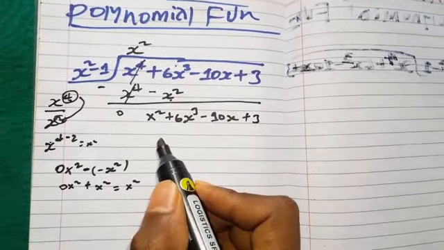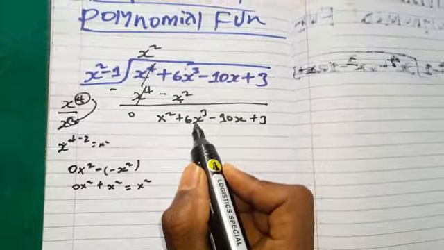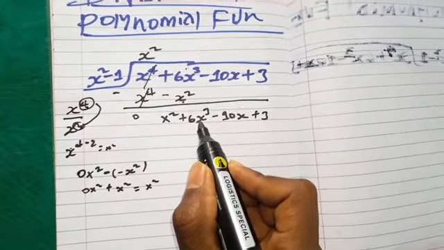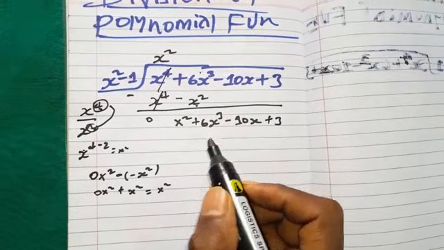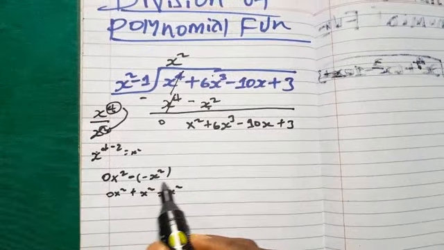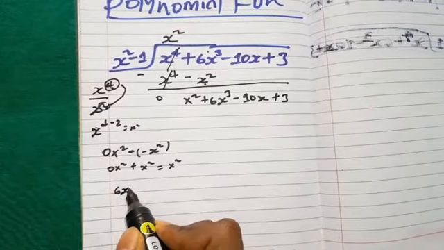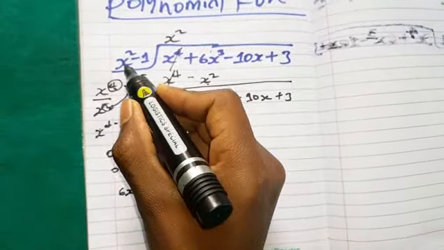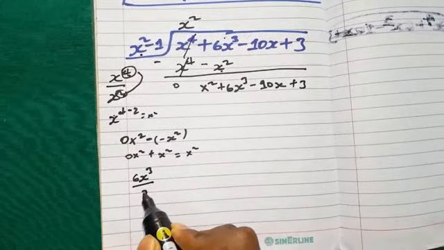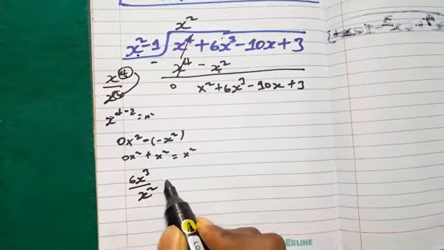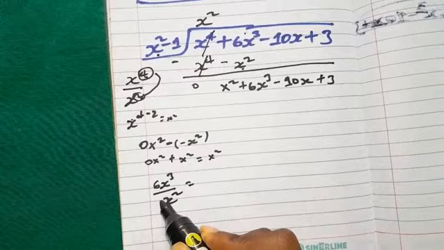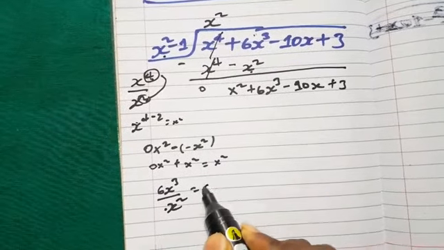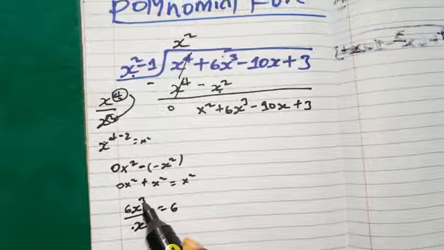First of all, we do this one. 6x cubed divided by x squared means 6 divided by 1, imagine there is 1 around this one, so 6. Then x cubed becomes x.